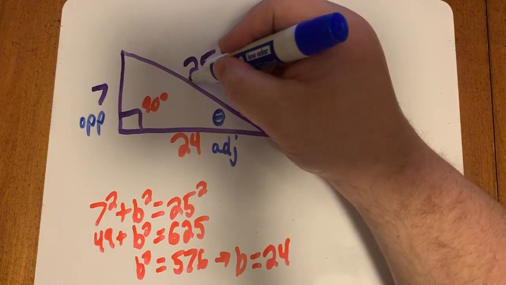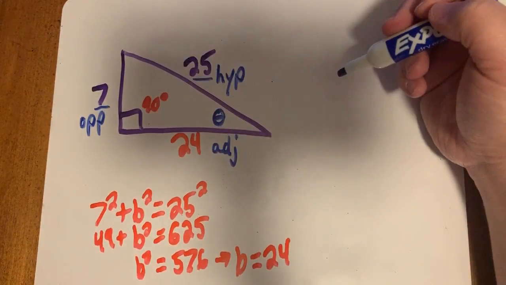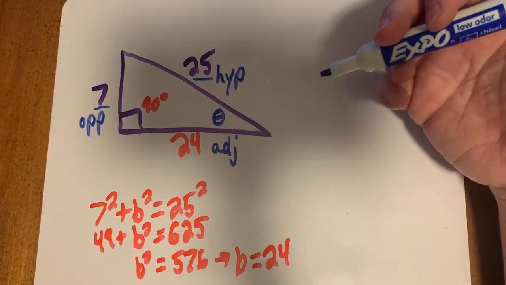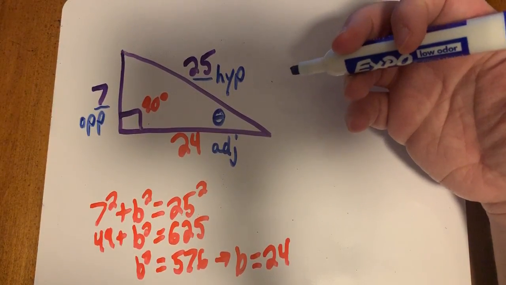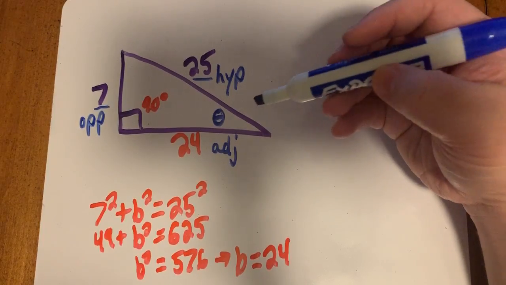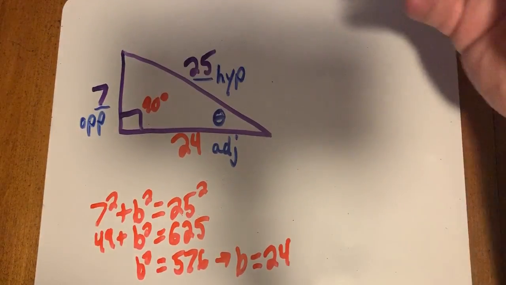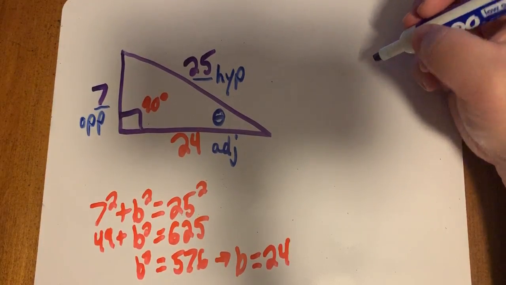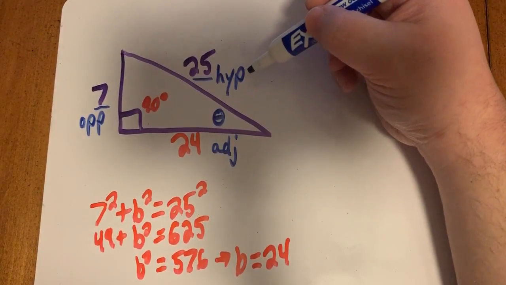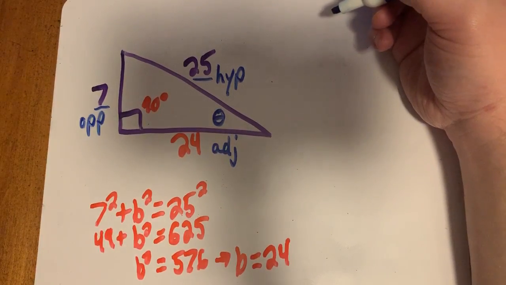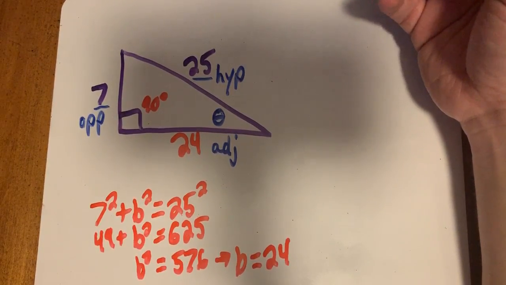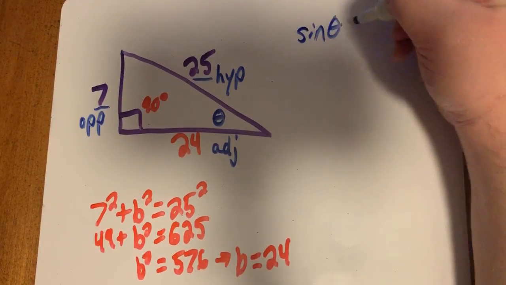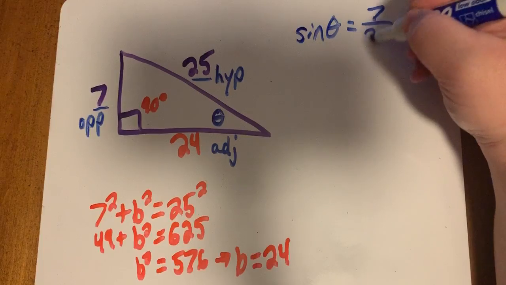I always like to use the two we're given, just in case we made a mistake finding that 24. We didn't, I know that is 24. But just in case, I always like to use the two that we started with. So 7 and 25. So it's the opposite and the hypotenuse. Well, SOHCAHTOA, opposite hypotenuse, that's with S. So it's sine of theta equals 7 over 25.